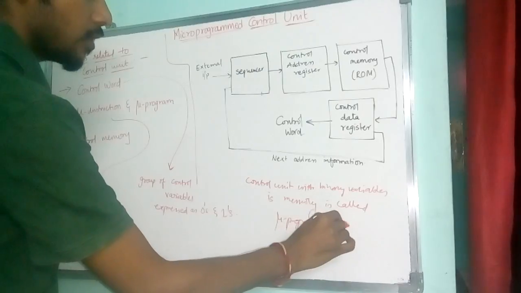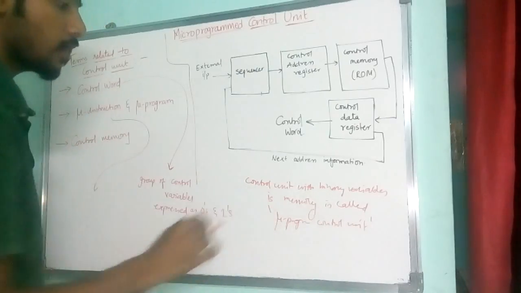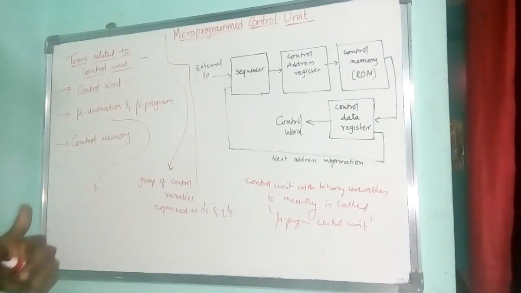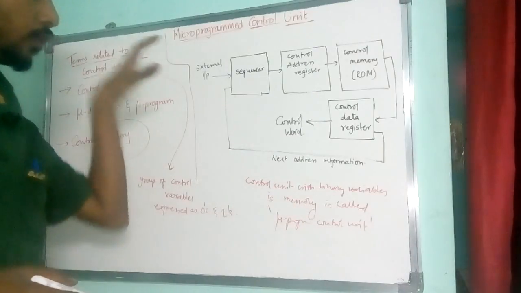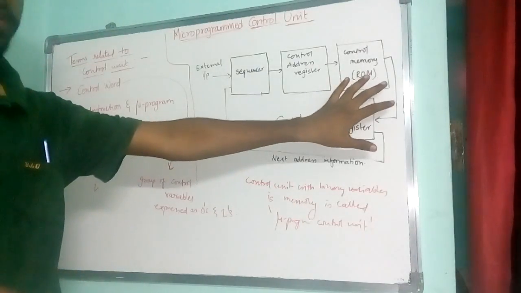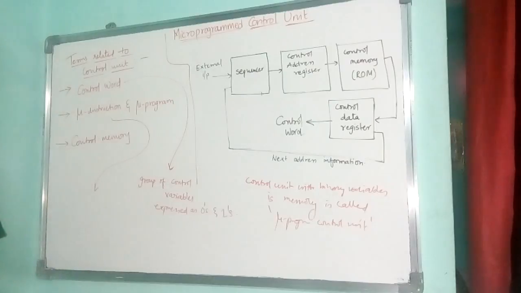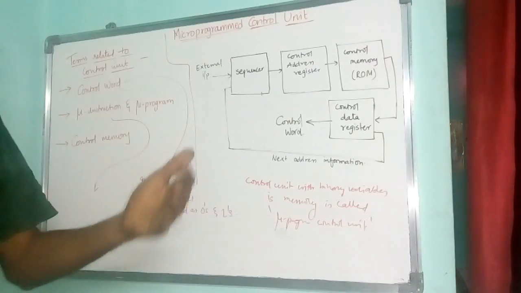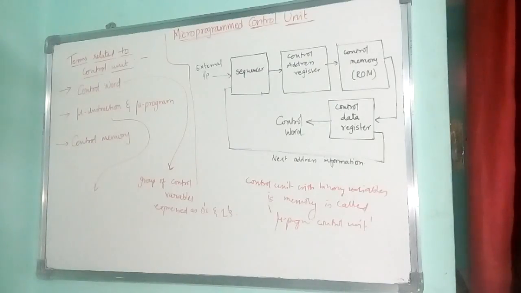That means the control unit in which the memory is allocated to these binary variables, or this control word, is called a microprogram control unit.